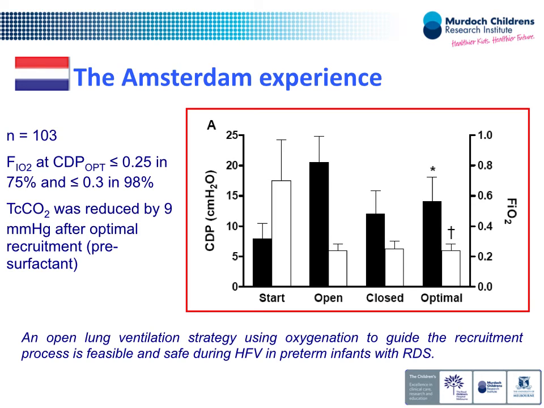I find that we do take surfactant, but we don't necessarily do lung recruitment always. My indication for redoing a recruitment manoeuvre, or changing the pressure, is when I think the baby has changed. Does that make sense? And that my pressures are now not the right ones for that baby.